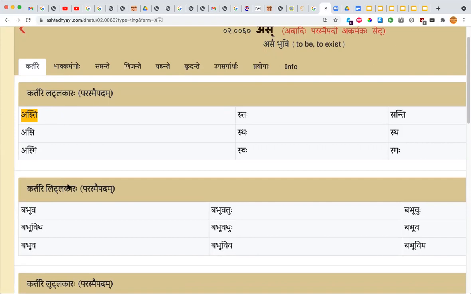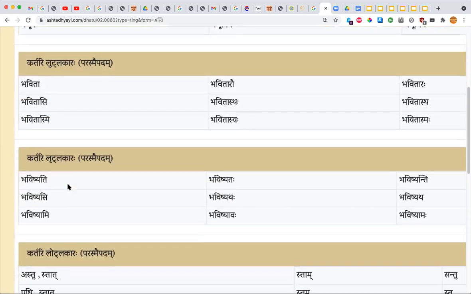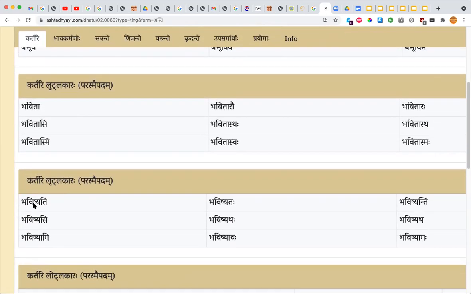Bhavishyati, Bhavishyatah, Bhavishyanti. Bhavishyasi, Bhavishyathah, Bhavishyatha. Bhavishyami, Bhavishyavah, Bhavishyamah. Uttamam. Although the Lut lakara form is slightly different, it is not Ashyati or something. It is Bhavishyati, Bhavishyatah, Bhavishyanti, Bhavishyasi, Bhavishyathah, Bhavishyatha, Bhavishyami, Bhavishyavah, Bhavishyamah.